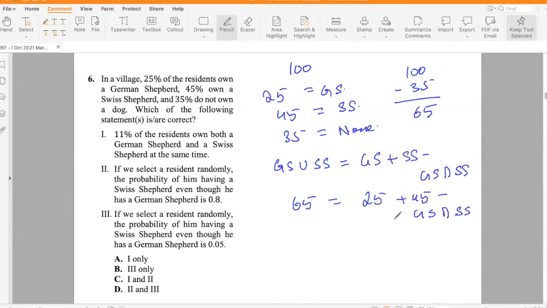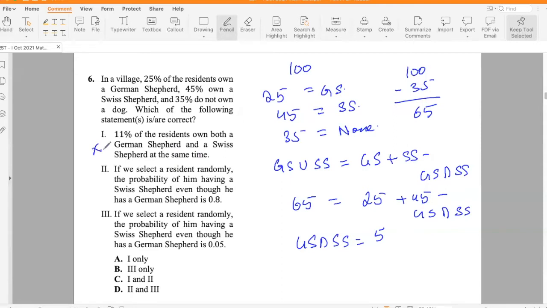So this is 70. So the number of people who own both dogs is 5. Okay, so statement 1: 11% of the residents own both a German Shepherd and a Swiss Shepherd. So that's not correct because it's 5%, right? 5 out of 100 own both. So this is not true.